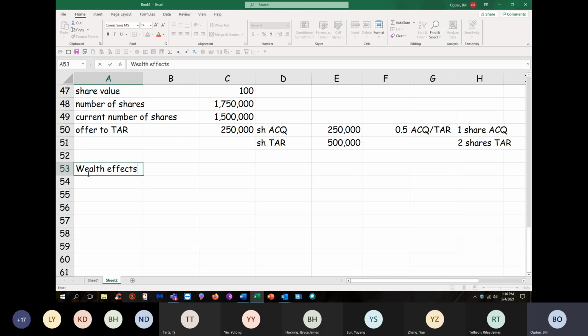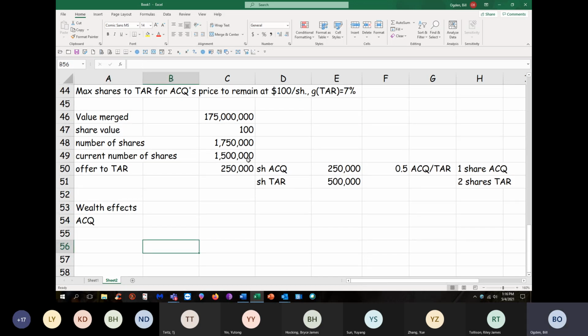All right, let's start with the one that's so difficult, and that would be the ACQ. What was the goal of this particular transaction? It was to maintain the $100 share price, wasn't it?